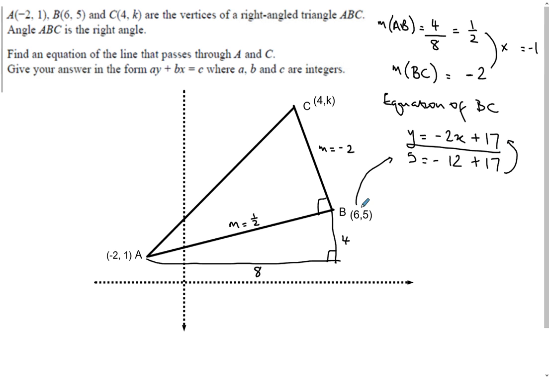All right. Now if we substitute that in there, we'll be able to find what our k is, which is the y coordinate. So here we're going k instead of putting y, so now we're substituting that in, which is minus 2 times your x coordinate, so 2 times 4 is 8, plus 17, and 17 minus 8 is 9, so that means k equals 9.